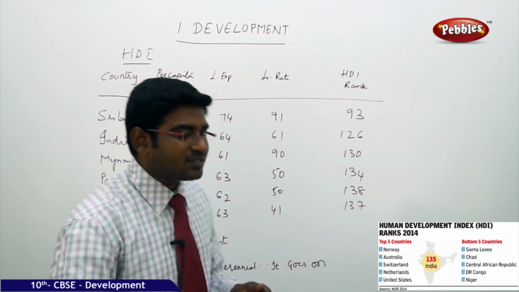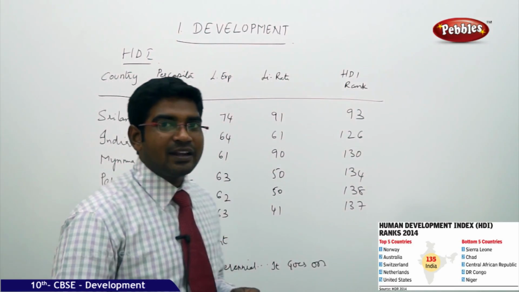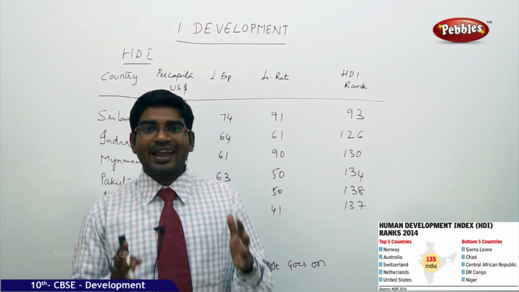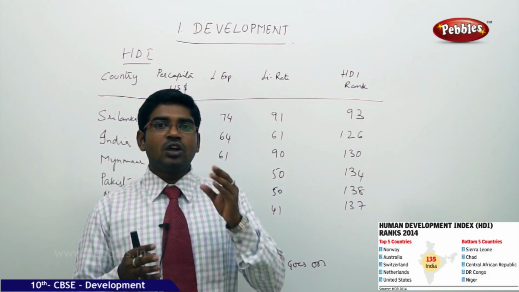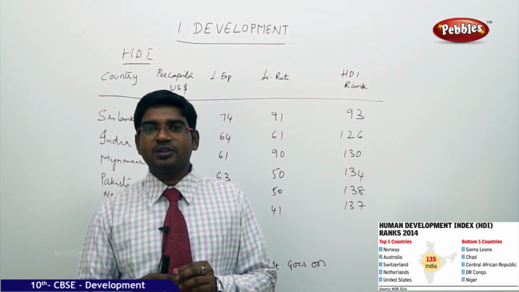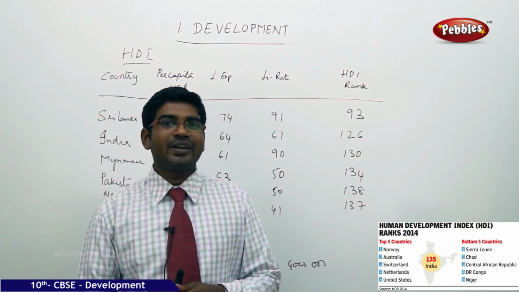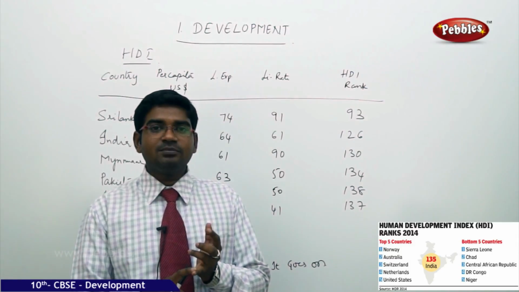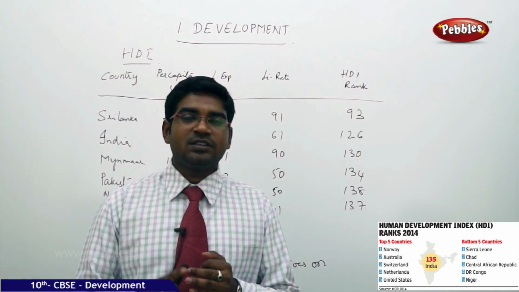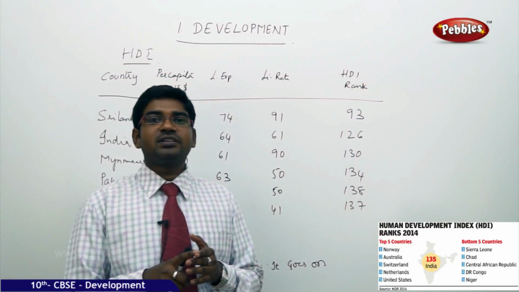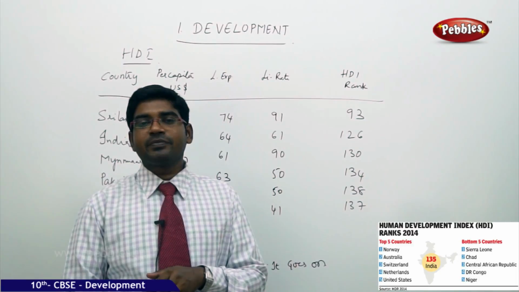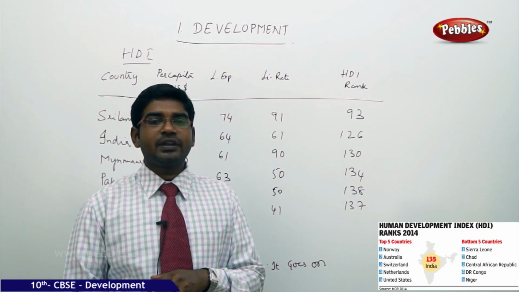Now let us try to understand what criteria are used by the United Nations Development Program to categorize the countries, or what ranking is followed by UNDP. The combination of income, life expectancy, infant mortality rate, and literacy rate has been brought together under one umbrella, that is the Human Development Index.